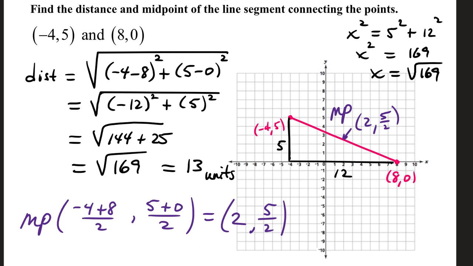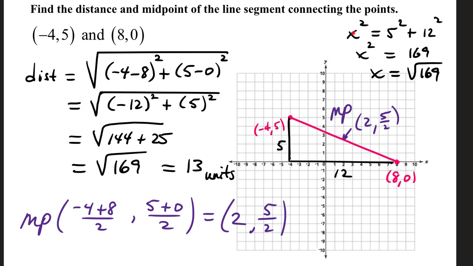Now, back to the Pythagorean theorem part of this, if you wanted to find distance using the Pythagorean theorem, that's totally fine too. Let me go over that real briefly. If you take your line segment that connects the 2 points given in your problem, and you construct a right triangle based on those 2 points, you would have a vertical leg of 5 units, a horizontal leg of 12 units. 5 squared plus 12 squared equals your hypotenuse squared.